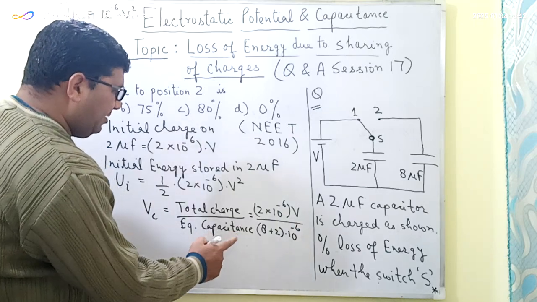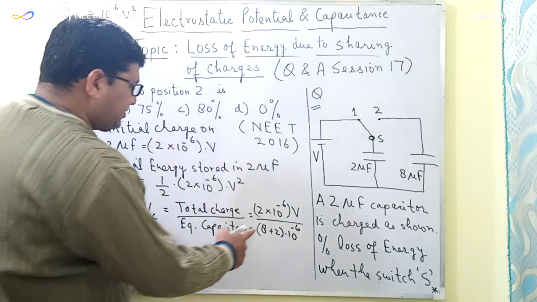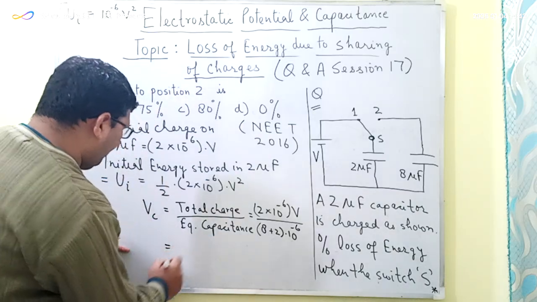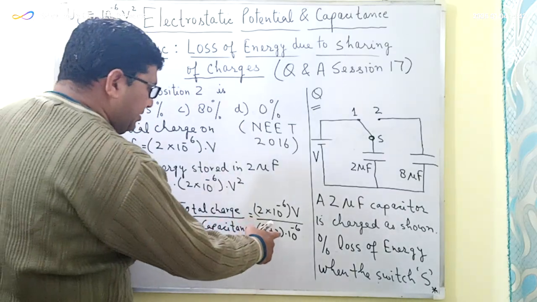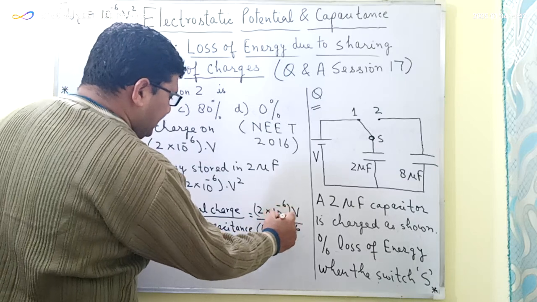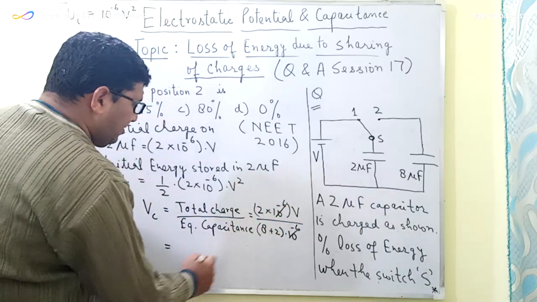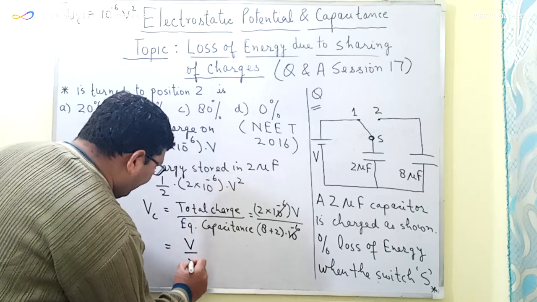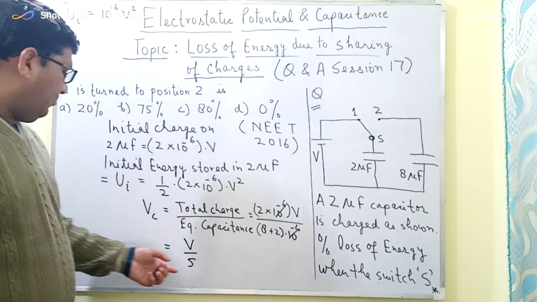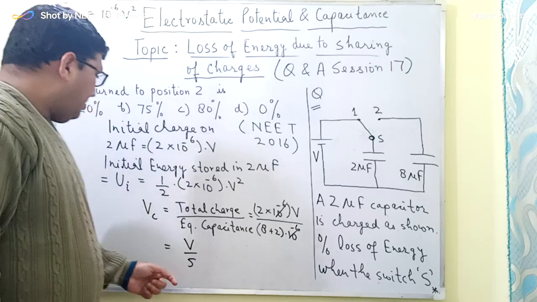So from here we can simply find the common potential, this will get cancelled out, and this will be equal to 2 by 10, or you can say it will be equal to V upon 5. So the common potential will be equal to V upon 5.